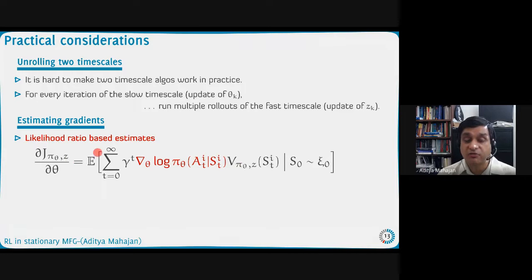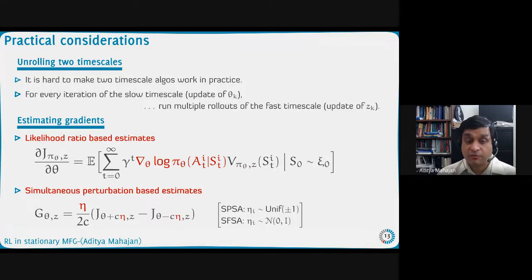But apart from that, the formula looks exactly the same as what we have as policy gradient in RL. Another method to estimate gradients is to use simultaneous perturbation-based estimates. In this, I choose a random variable eta and a small constant c, and I evaluate the performance of policy parameterization theta plus c eta and theta minus c eta.